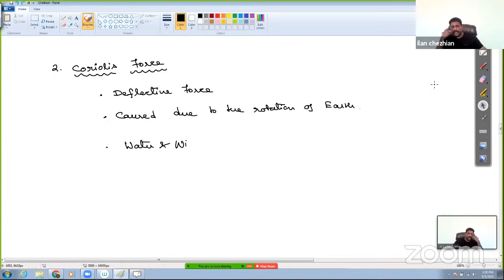Any moving unstable mass gets deflected towards right in the northern hemisphere and towards left in the southern hemisphere.